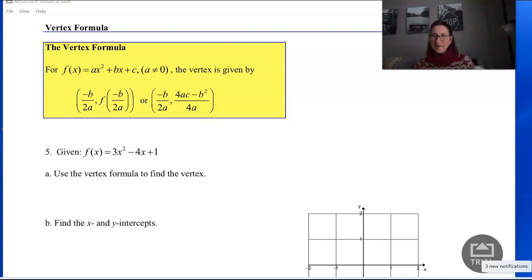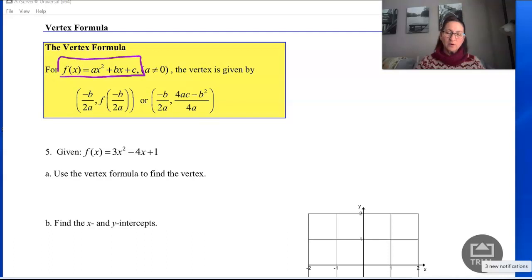Another method of finding the vertex is to use what's called the vertex formula. Okay, so here you are. You've got your quadratic function that's in standard form, and to find the h value of your vertex, or some people like to think of it as the x part of your ordered pair, all you do is use that formula, negative b over 2a.